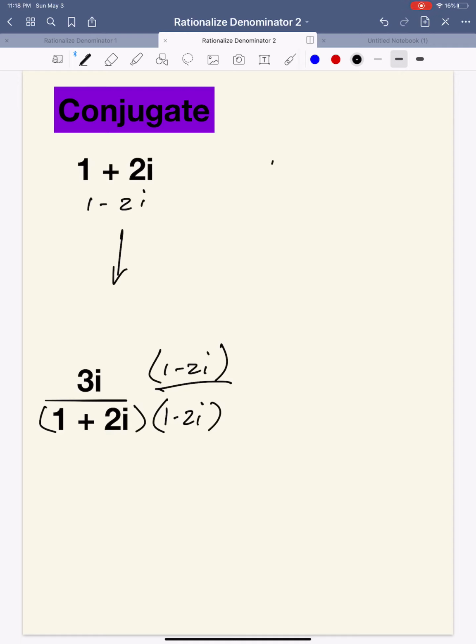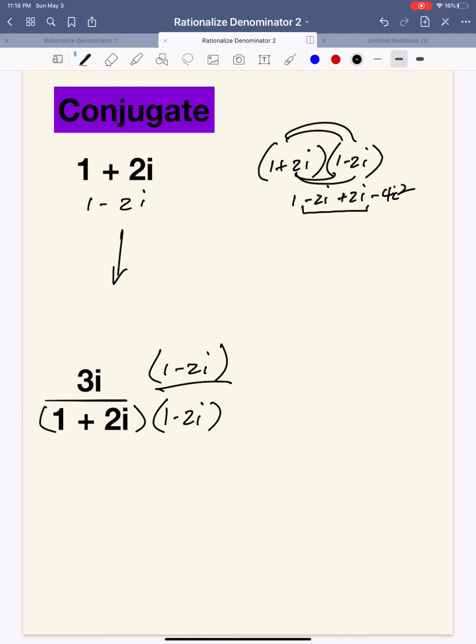When I multiply these things together, the middle is going to drop out, and that's exactly what you want to happen. This problem, if we multiply, minus 2i plus 2i minus 4i squared, right here, right there, this drops out.